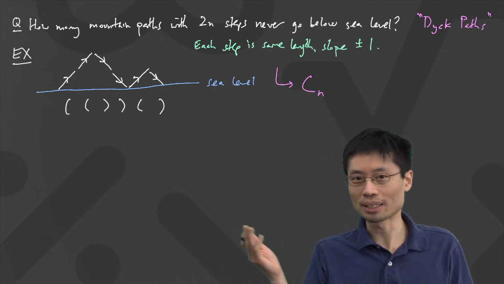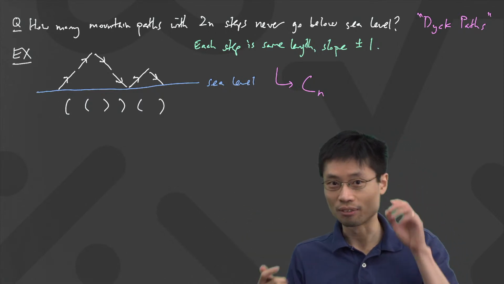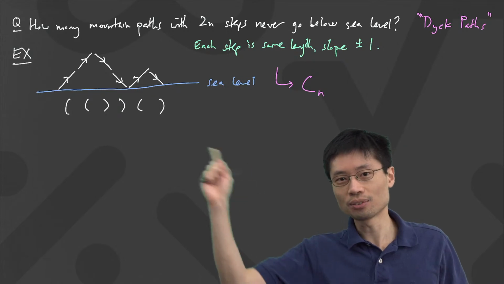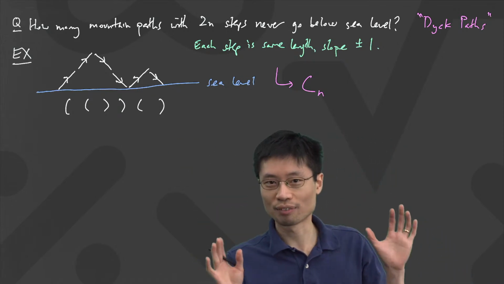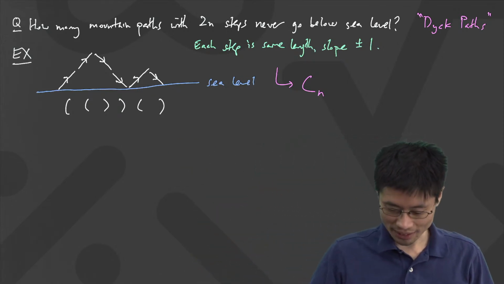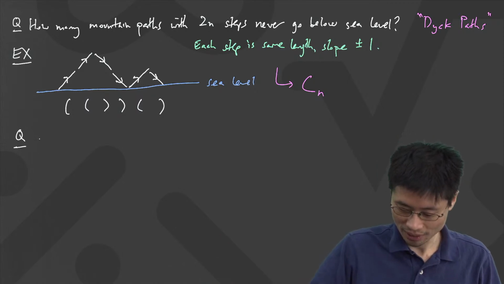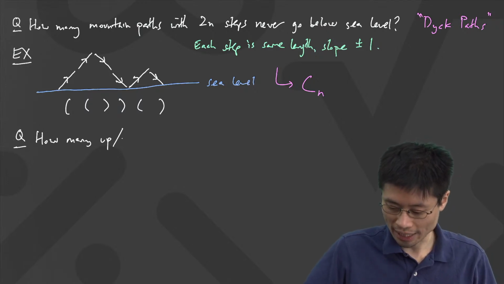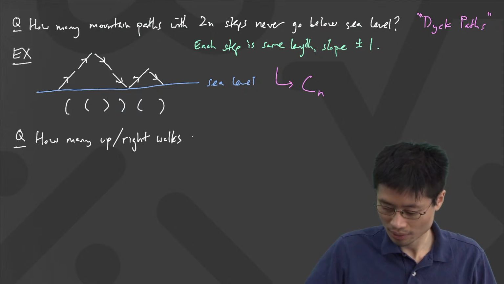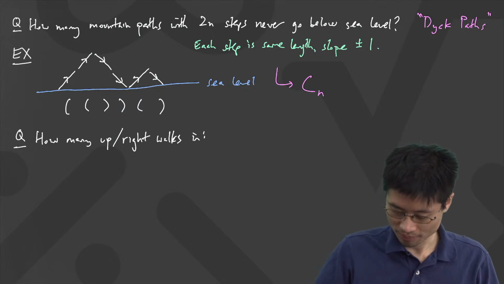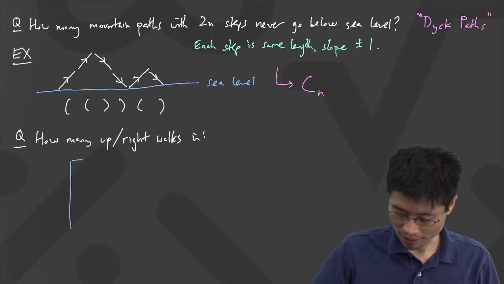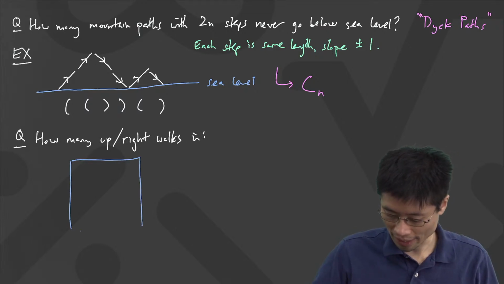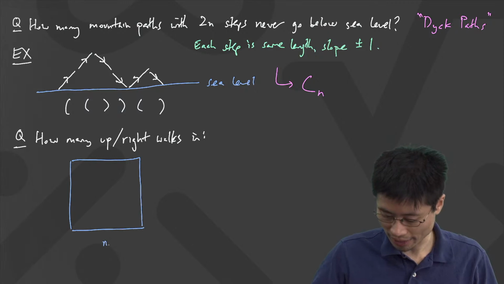Now I want to count this in a totally different way. Of course, we know the answer is Cn. But once you write it in this way, you can turn your head 45 degrees, and you can ask it as a different question, which is how many up/right walks there are in a grid. Here's a grid. It's going to be width n and height n.